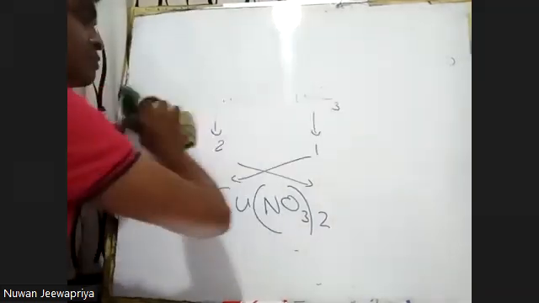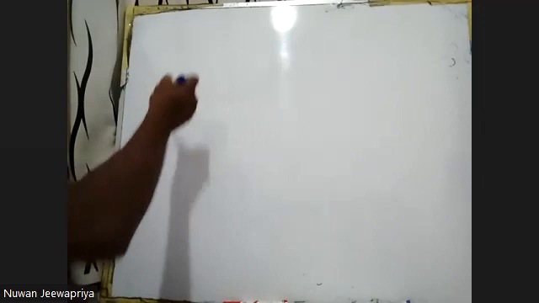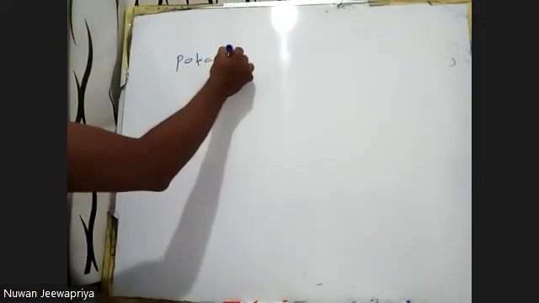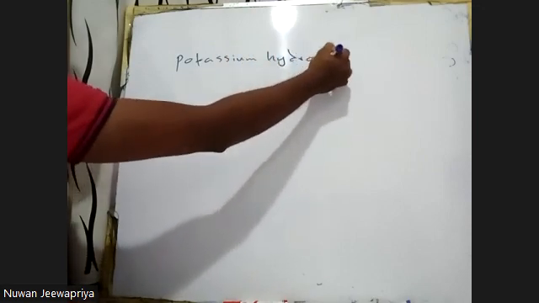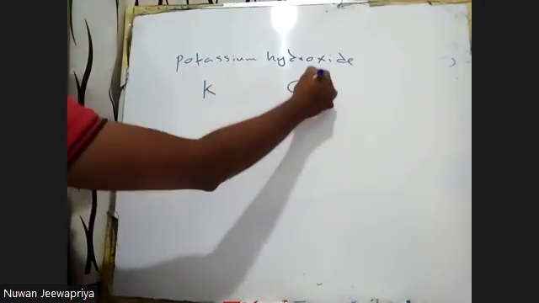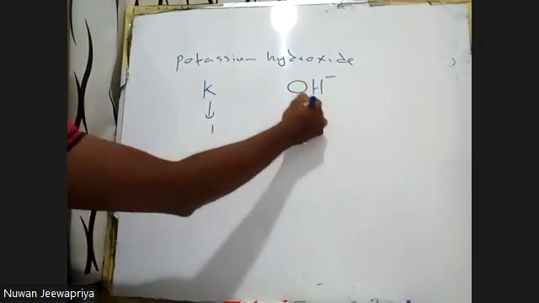Then I go to some other thing, hydroxide. This time, potassium hydroxide. Potassium is K. Hydroxide is OH minus. Potassium's valency is 1.